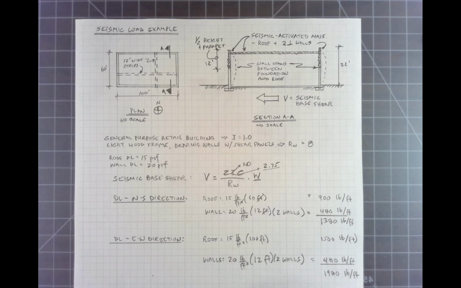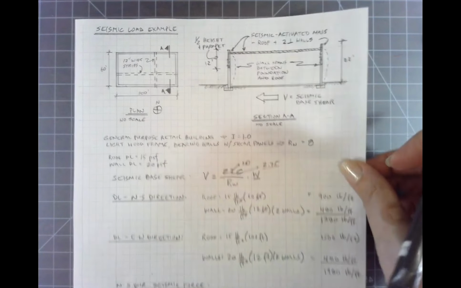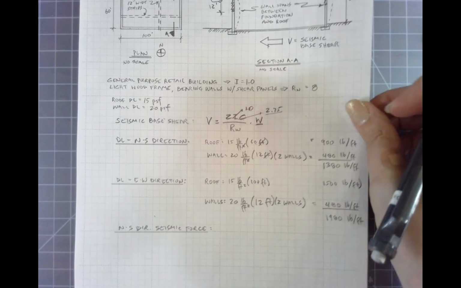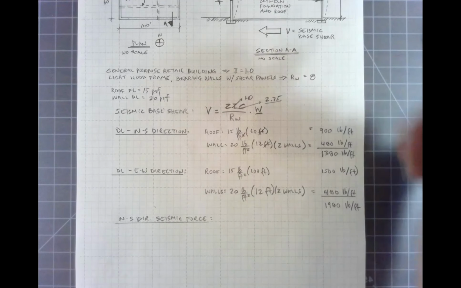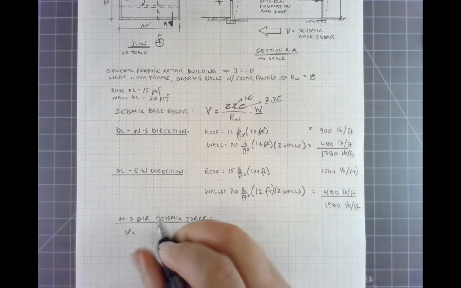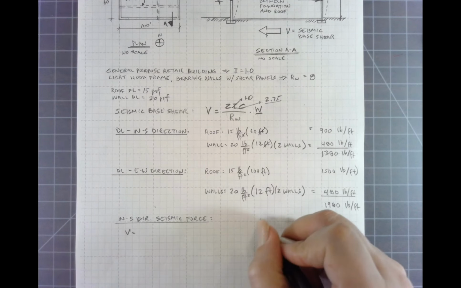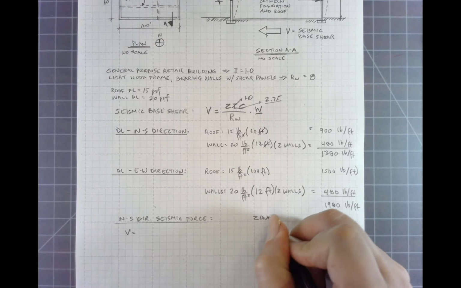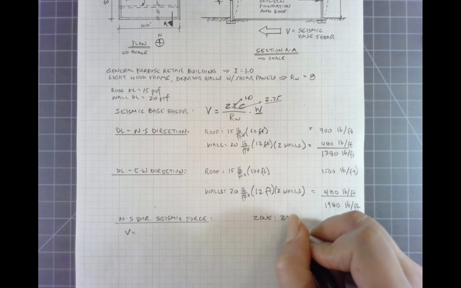So in the north-south direction, the seismic force in the north-south direction, our zone is 2B.